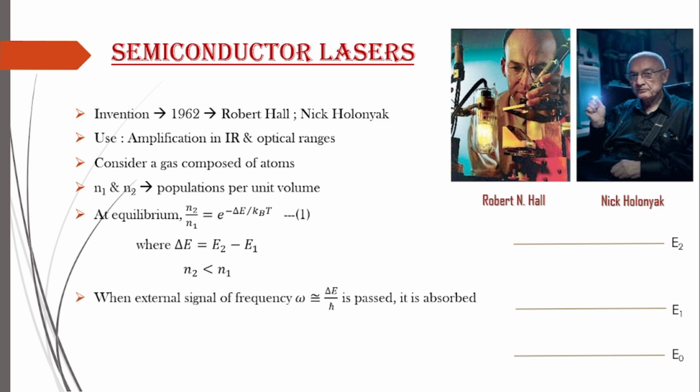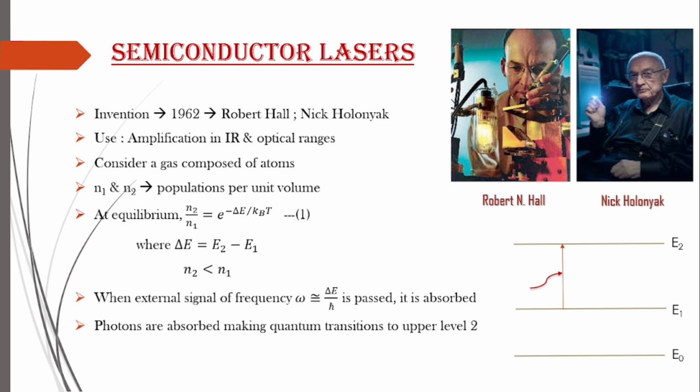When an external signal of frequency omega approximately equal to delta E by h cross is passed through the gas, it is strongly absorbed. You can observe there will be a transition from E1 to E2 due to this absorption. That is, the photons from the signal are absorbed by the electrons in level 1, which then make the quantum transition to upper level 2 with energy E2.